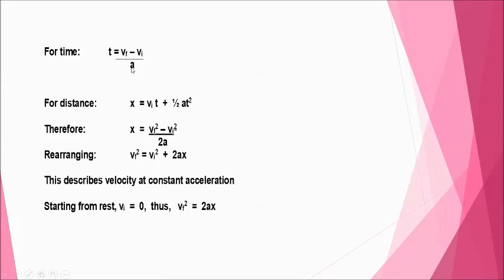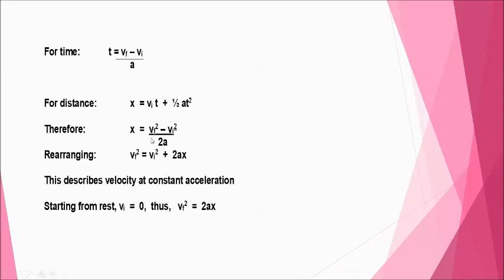Substituting that t for all the t's in this equation and then simplifying, we have this final formula, which is x equals v sub f squared minus v sub i squared over 2a. Now, since both are solving for x, then these two equations are actually formulas that will describe the displacement at constant acceleration. Kasi pareho lang yan, di ba?